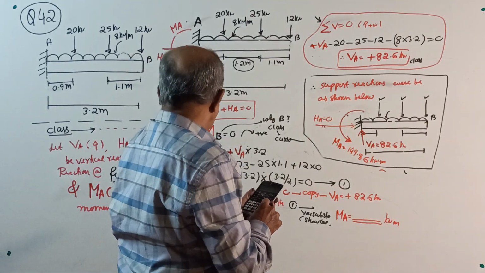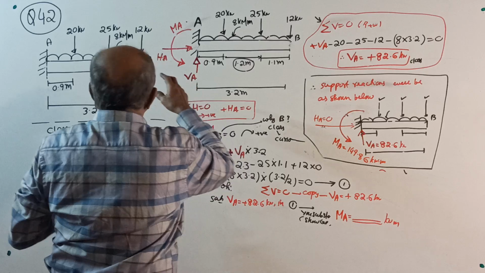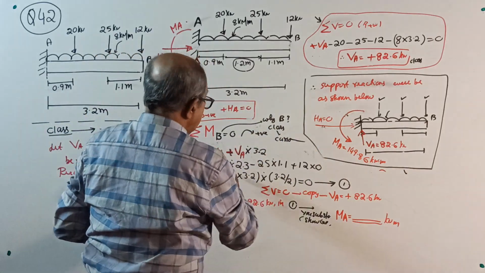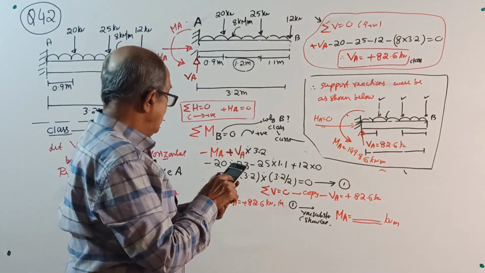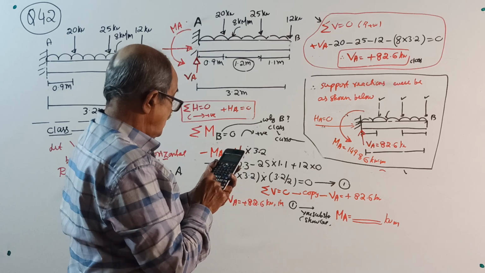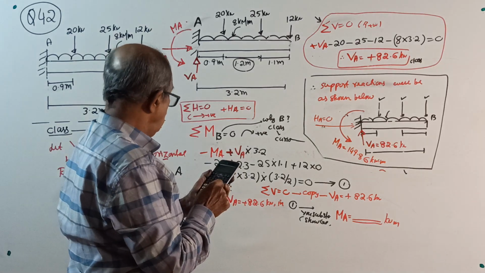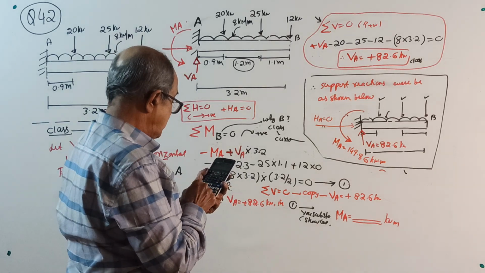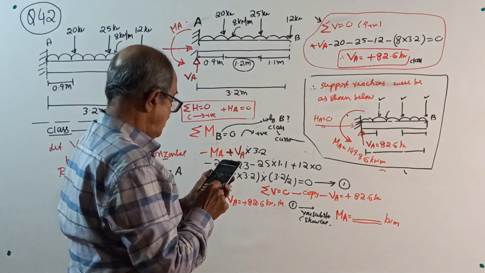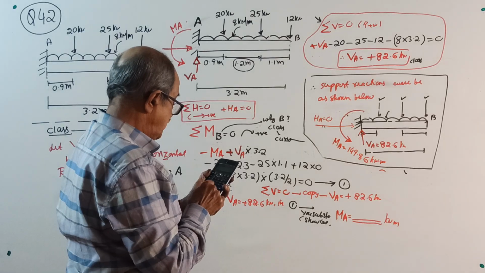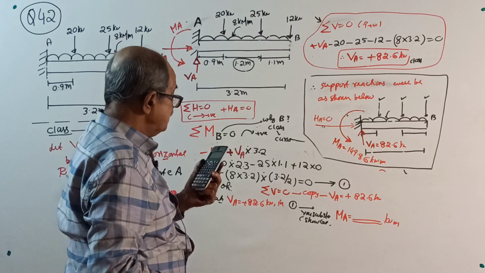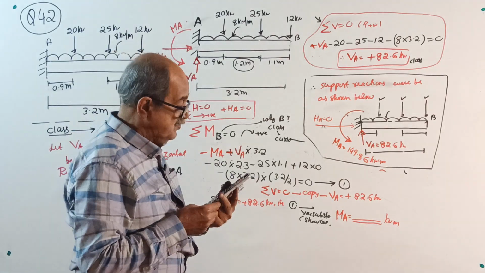Still, for your satisfaction, by chance if this answer is wrong, if any calculation mistake is there when I found MA, you can realize it here. Okay, let me check it. VA is 82.6 into 3.2 minus 20 into 2.3 minus 25 into 1.1 minus 8 into 3.2 into 3.2 divided by 2, is minus MA plus 149.860 equal to 0.